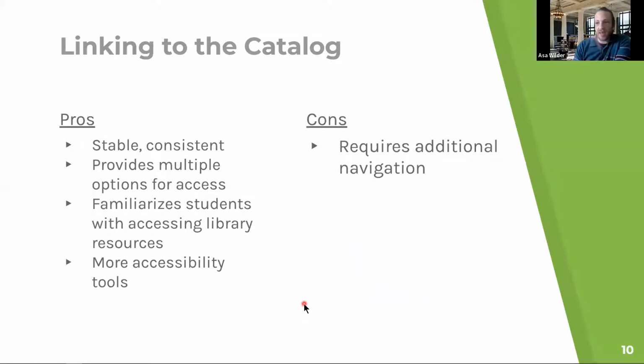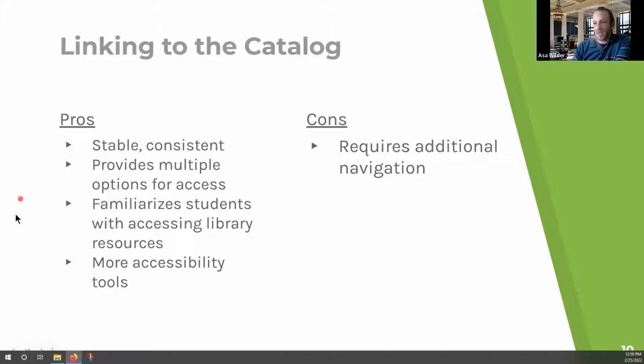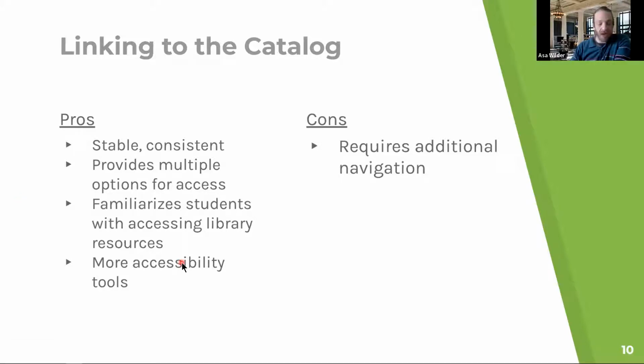Linking to the catalog, these are stable, consistent. They don't change. It's like a Library of Congress classification number, right? That's its identifier. It will then provide multiple options for access if we have multiple options. And like I said, it familiarizes students and faculty with accessing library resources.